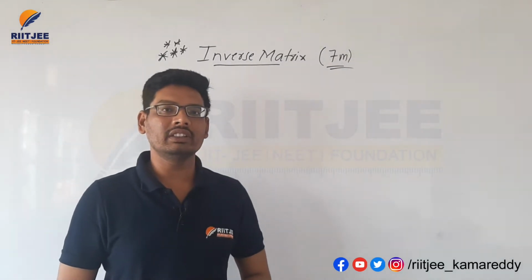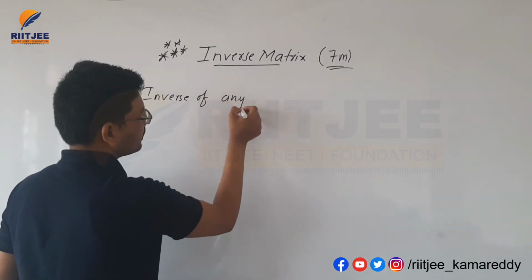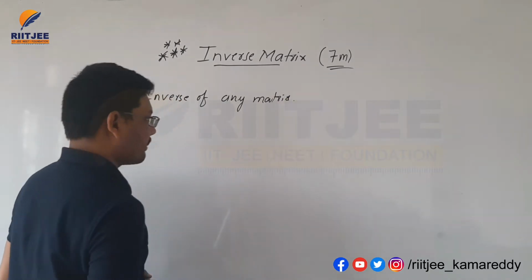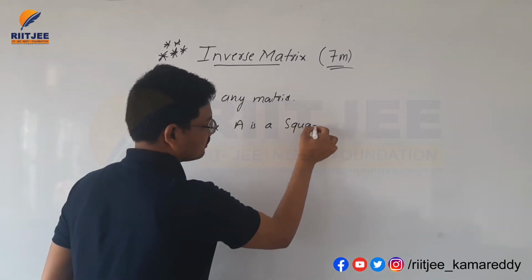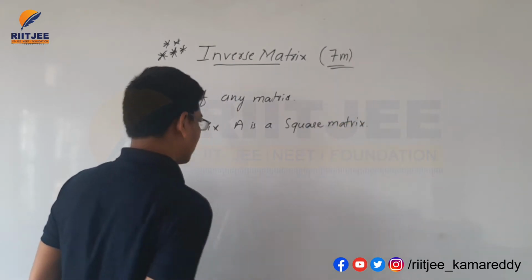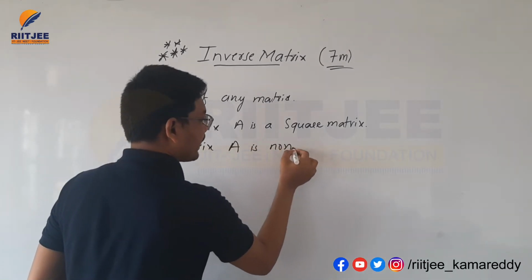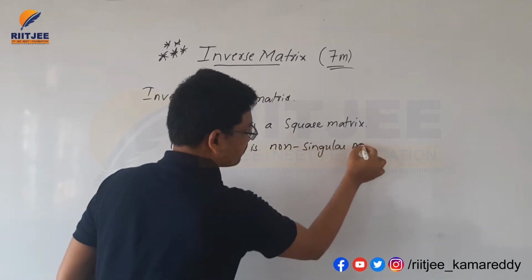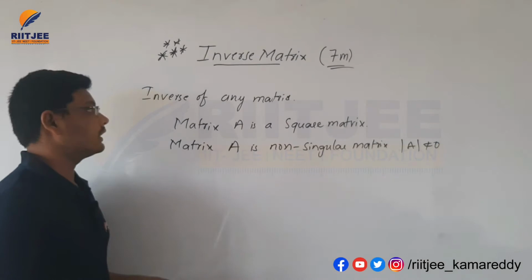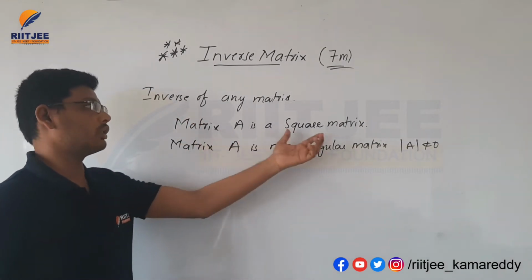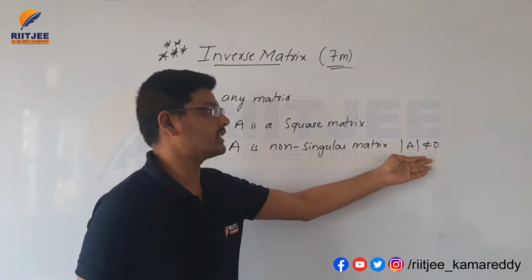The definition of inverse matrix: if you want to find the inverse of any matrix, matrix A should be a square matrix having equal rows and equal columns, and matrix A should be a non-singular matrix, that is, modulus of A is not equal to 0.